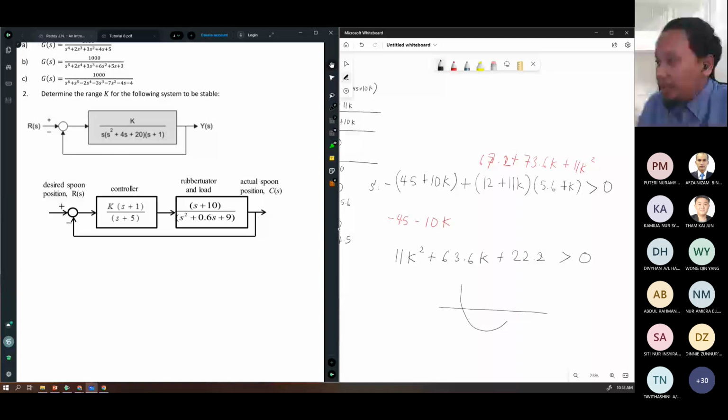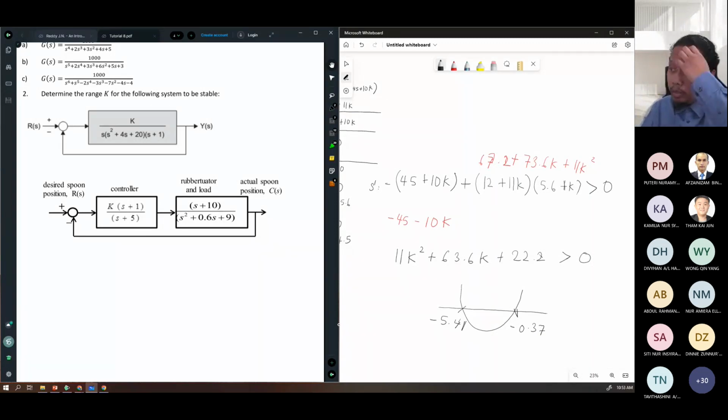So the first point here is negative 5.41. And then the second point is negative 0.37.